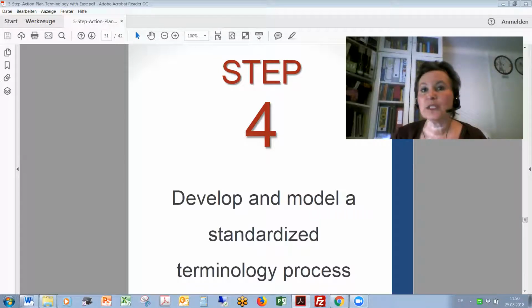And I can only recommend to start with these standards, with your own industry standards. ISO 17100 is our industry standard in the language industry when it comes to translation services. There is also terminology mentioned, of course.